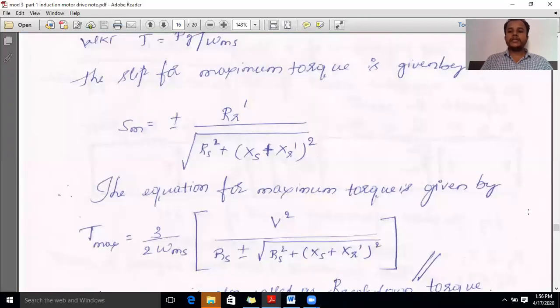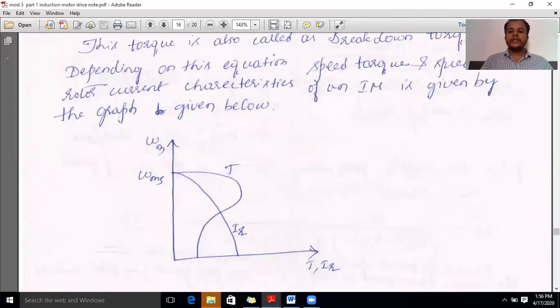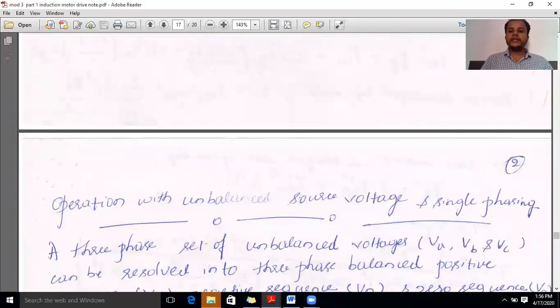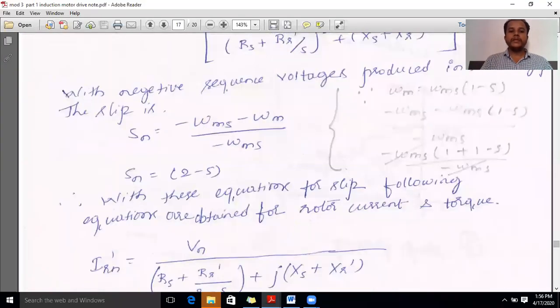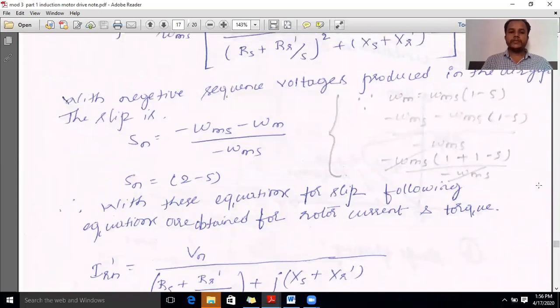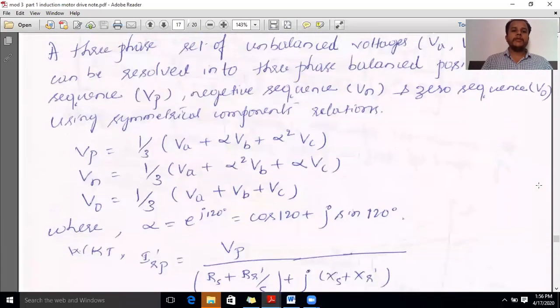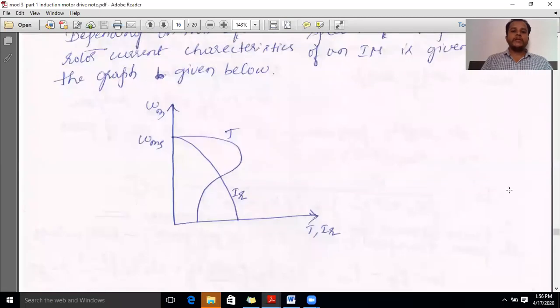So again, we have discussed this particular characteristics curve. Along the x-axis we have taken the torque and the rotor current, and along the y-axis we have taken the angular speed of the motor.